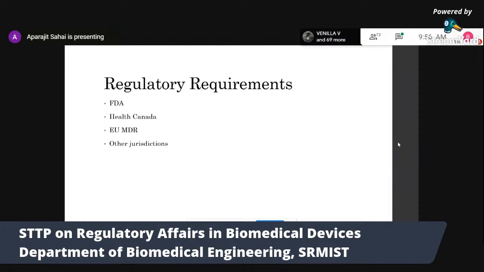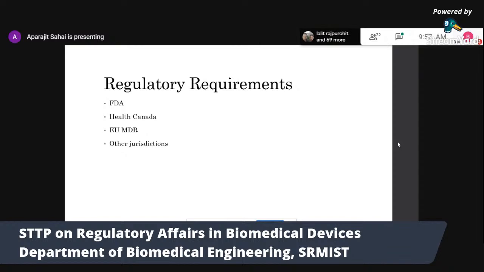Although it is not recommended, when you're submitting a 510(k), make sure that you have at least a basic quality management system in place. Do not mess with the FDA. They will shut you down and they will prosecute you. Do not mess with any regulator, whether it's the CDSCO, the FDA, or even notified bodies. Even though notified bodies don't have any enforcement powers, they can get competent authorities or regulators to shut you down. So do not mess with them.